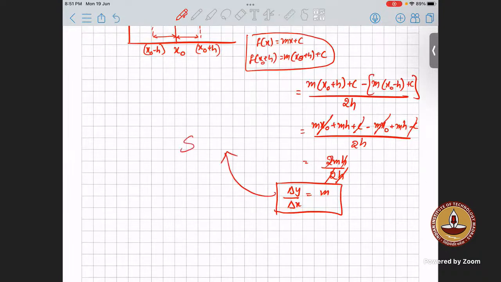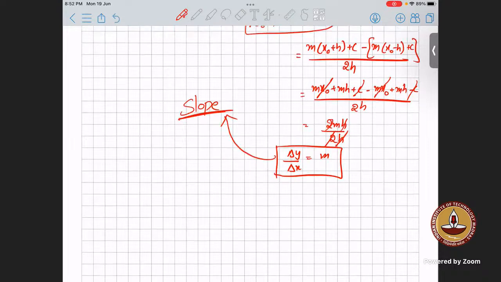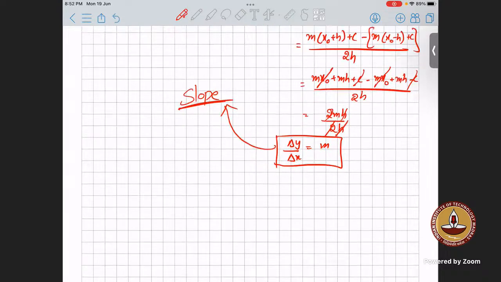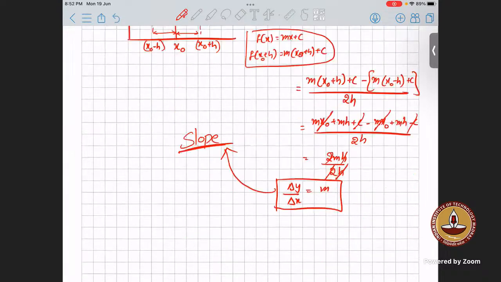This is slope. Every time it will give you this: a line has constant slope.